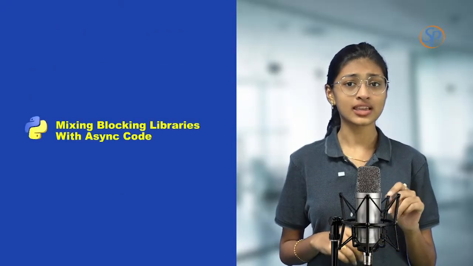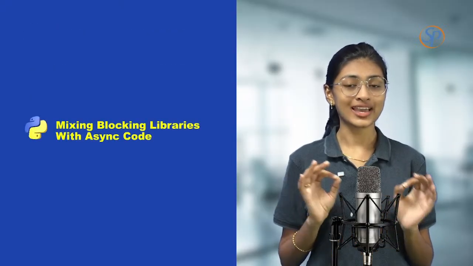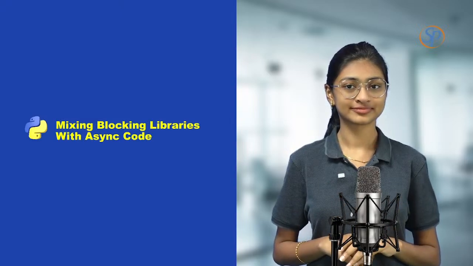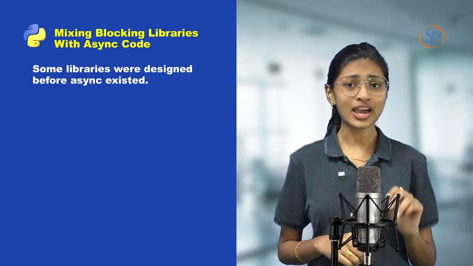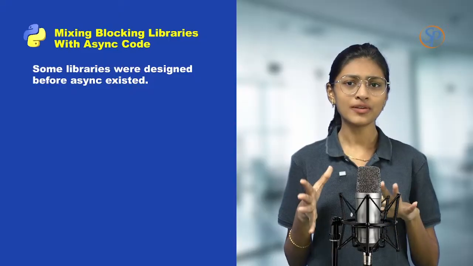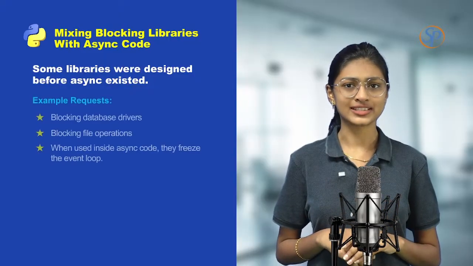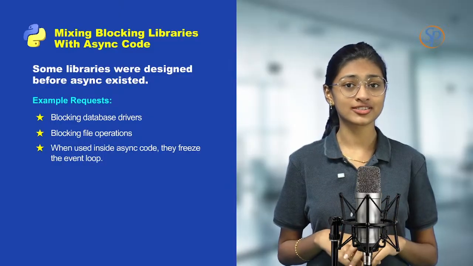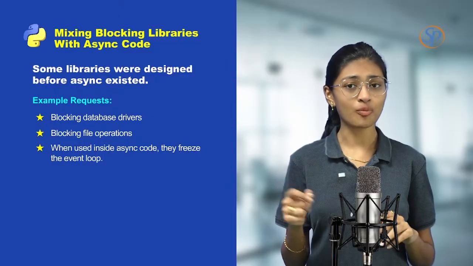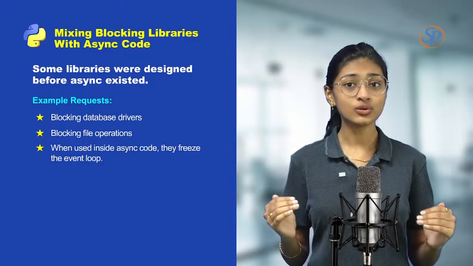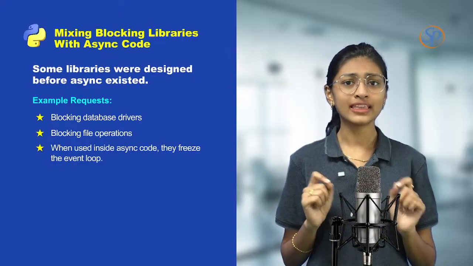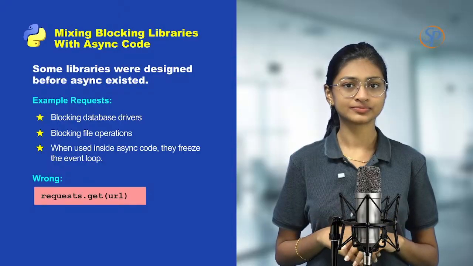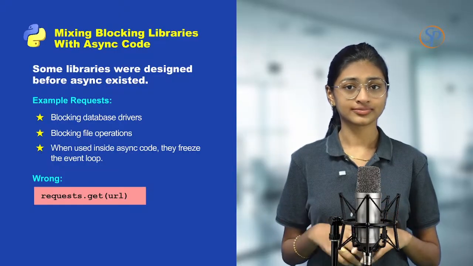Third one, mixing blocking libraries with async code. Some libraries were designed before async existed. For example, requests, blocking database drivers, blocking file operations. When used inside async code, they freeze the event loop. This is wrong.